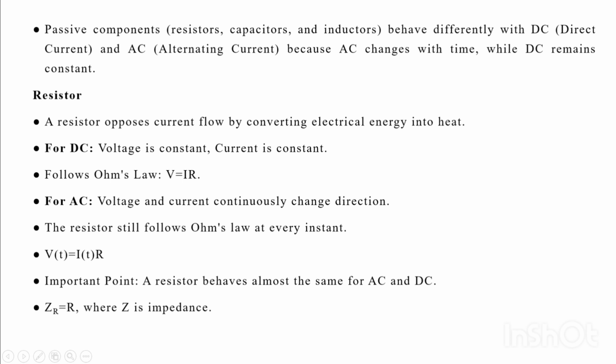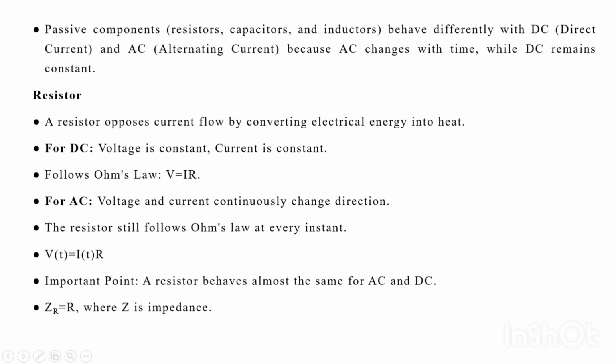First, starting with the resistor, let us assume that I provide a DC source to the resistor. In case of a DC source, we know that the voltage and current remain constant. So we can easily say that this resistor follows Ohm's law, which is V equal to I into R. But if I provide an AC source to the resistor, the voltage and current direction changes continuously.